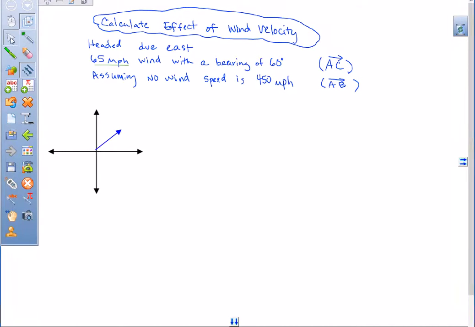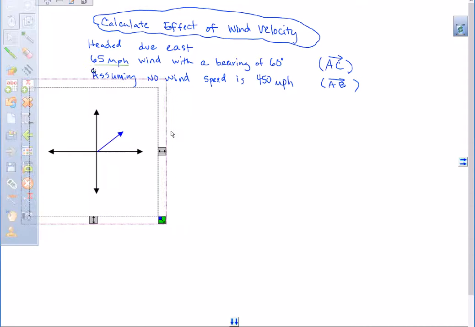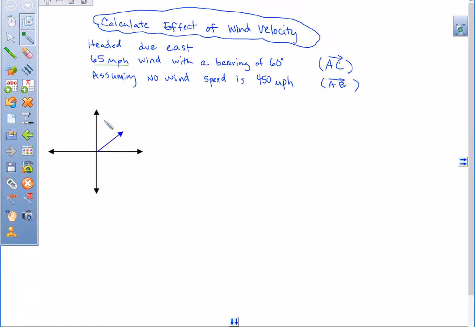So, let's see if I can get that in the right spot. There we go. Not quite 60, but we'll just go with it. So if this is 60, then I know this inside here is 30 degrees.